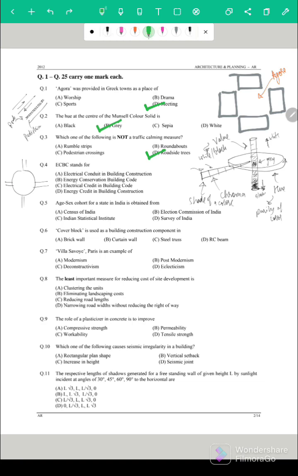Now the next question is ECBC stands for. The correct answer of this question is Energy Conservation Building Code, option number B. And ECBC was launched by Ministry of Power, Government of India in May 2007.